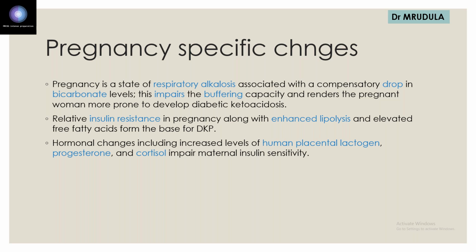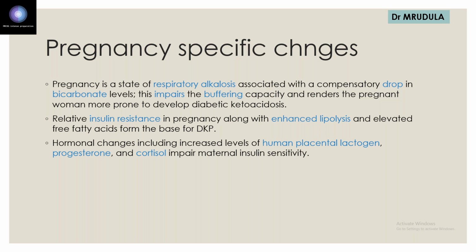So pregnancy is a state of insulin resistance. Also, there will be enhanced lipolysis. Because of insulin resistance, there will be increased blood sugar levels. Because of enhanced lipolysis, there will be elevated free fatty acids that will cause ketoacid production.